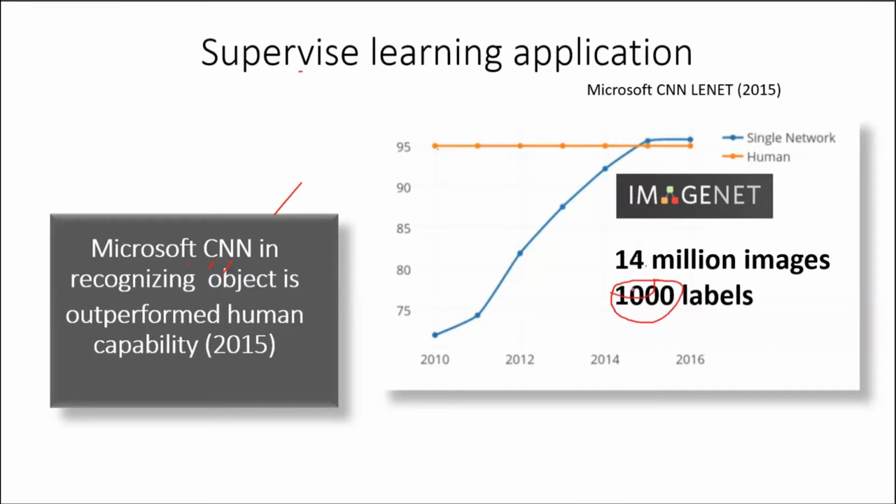When given any object, the machine is able to recognize more accurately than humans. So humans are here at 95%, and the machine is more than 95%.